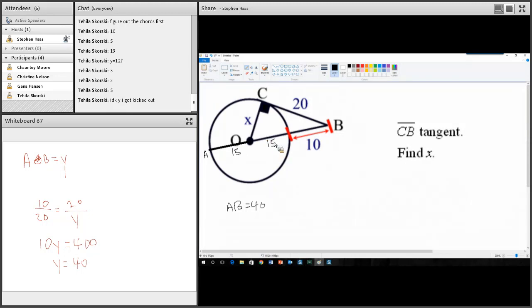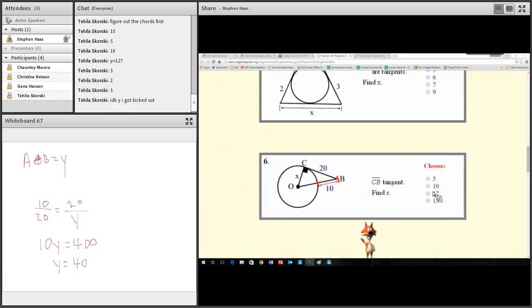So if this is 15, then this radius also has to be 15. X also has to equal 15. Or you could just figure it out from the Pythagorean theorem, because this is a right triangle. If this was 20 and this was 25, it's actually a 3, 4, 5 triangle, making this 15. So our answer is going to be 15.